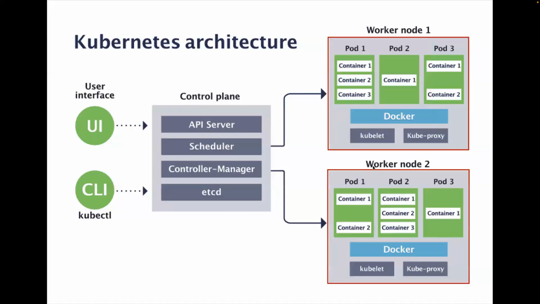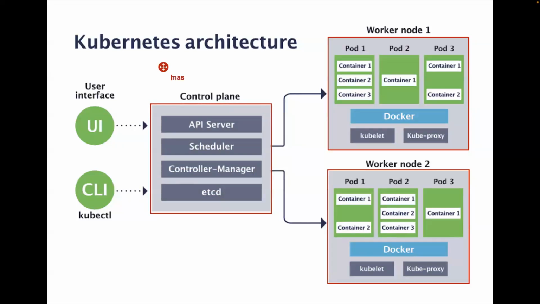And there will be one node which acts as a master node. Like you have manager in Swarm, this is called master. The master node is also called the control plane of the entire cluster, where all the decisions and the management of the cluster are taken care of.